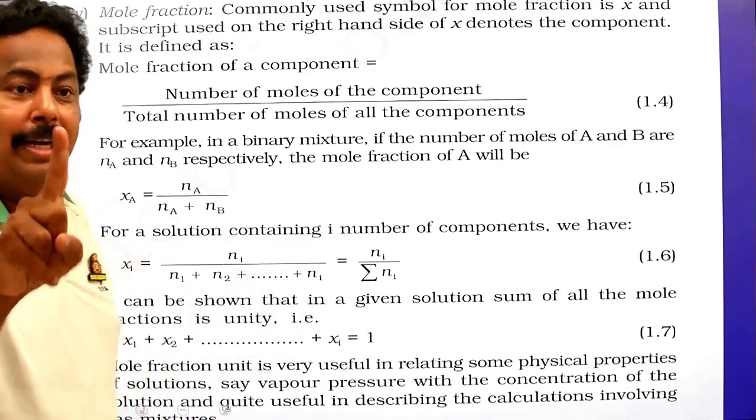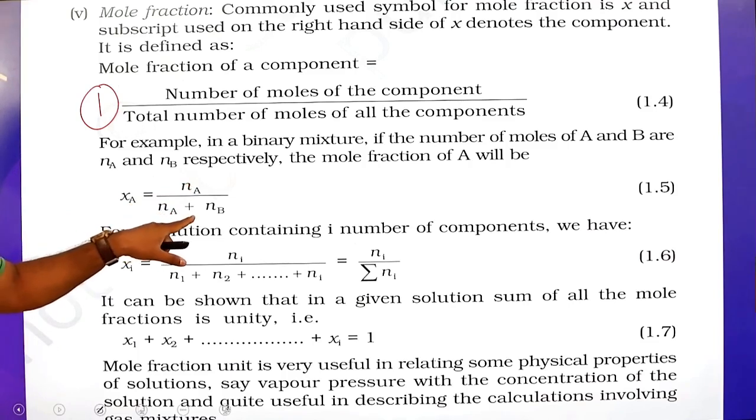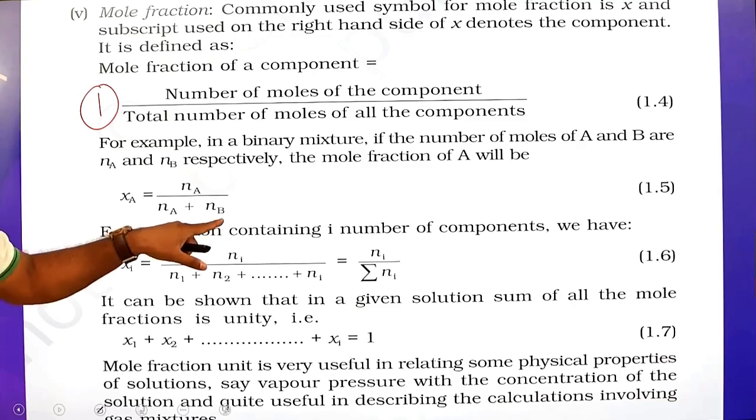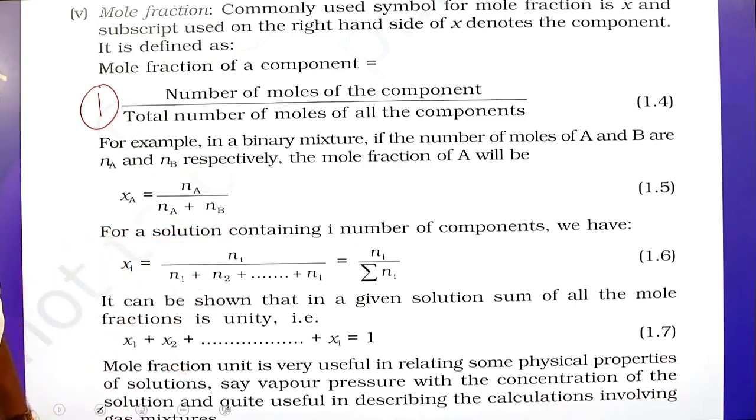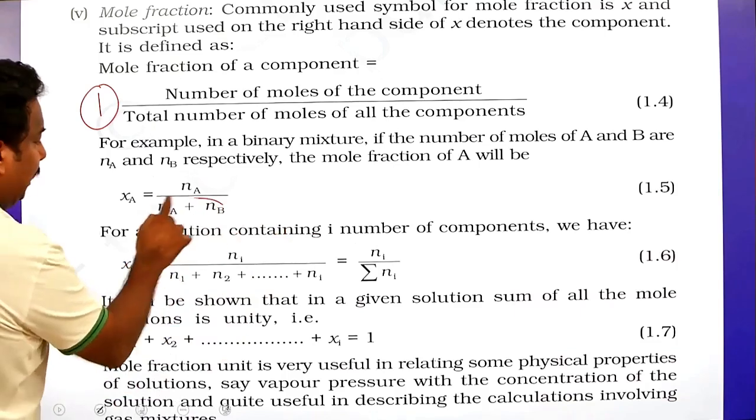So this is point number 1. Mole fraction of oxygen is equal to the number of moles of oxygen divided by the number of moles of oxygen plus the other component, which can be a solvent, or which can be another solute also, combined. Are you able to understand? So this is nothing but a solution.